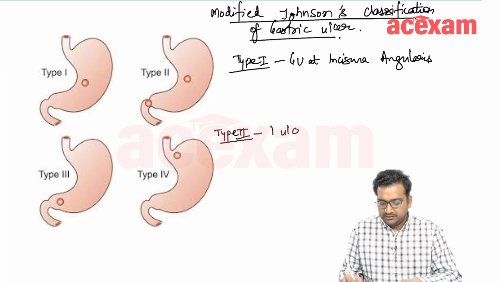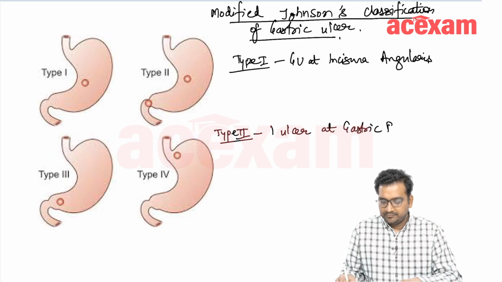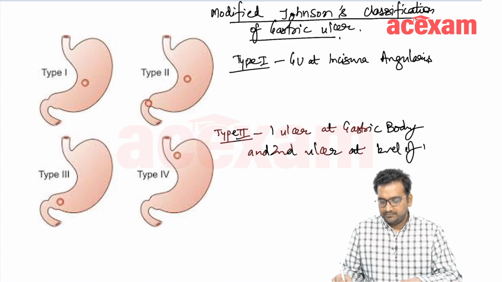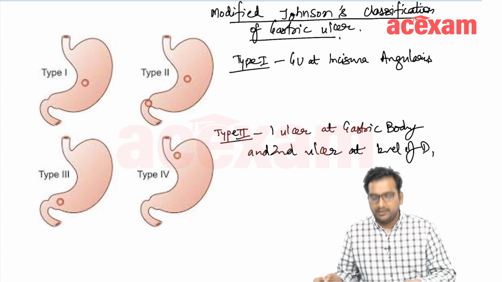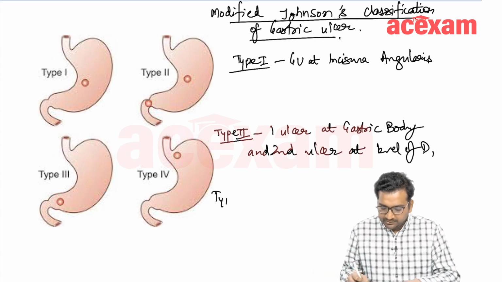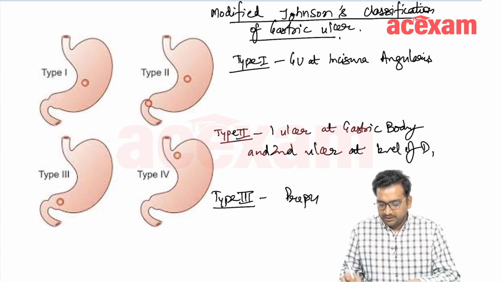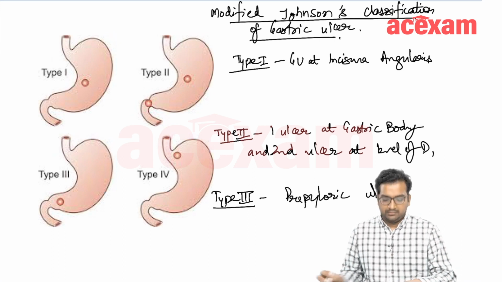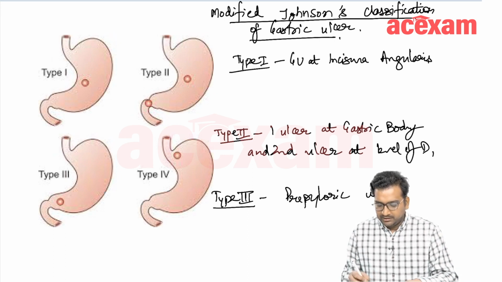One ulcer is at gastric body and second ulcer is at level of duodenum, at the level of D1. Okay. Then comes type 3, which is a pre-pyloric ulcer. Okay, type 3 is a pre-pyloric ulcer.